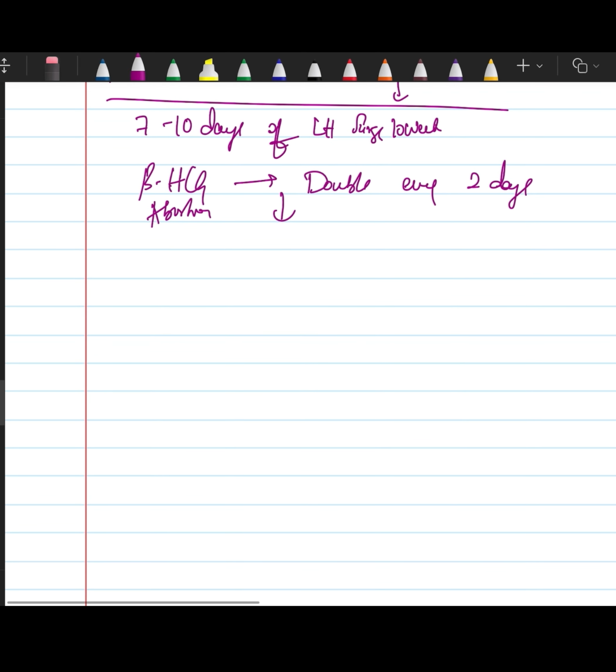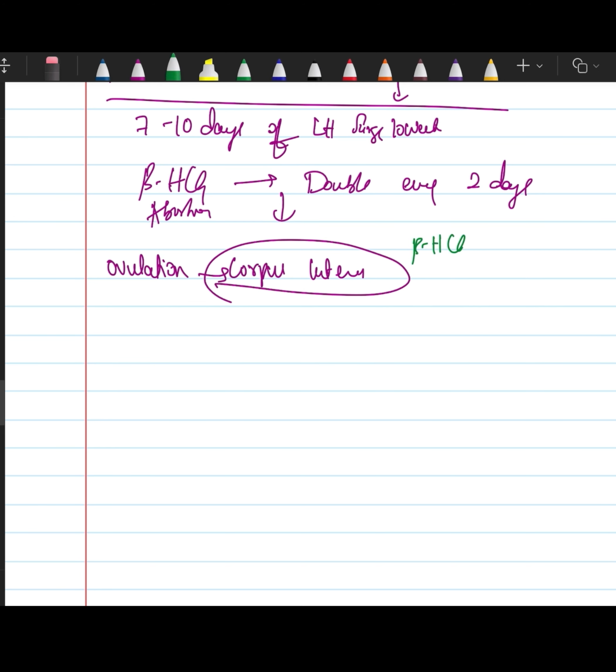This HCG can bind to LH and beta HCG receptors. So that is why after ovulation, there is a formation of corpus luteum. Okay. This corpus luteum will be maintained by your beta HCG by binding to the LH receptor because of similarity. It binds to the receptor and maintains the corpus luteum until your placenta takes over the function of the corpus luteum.